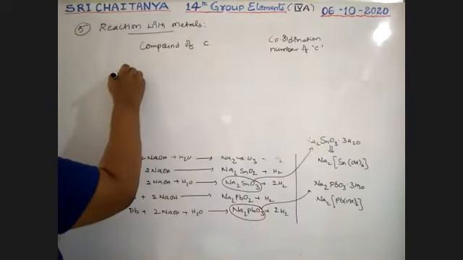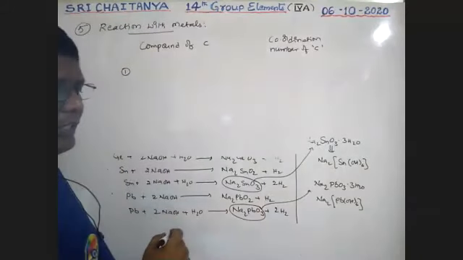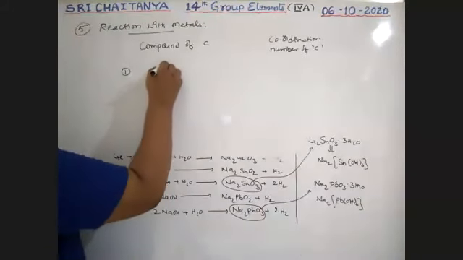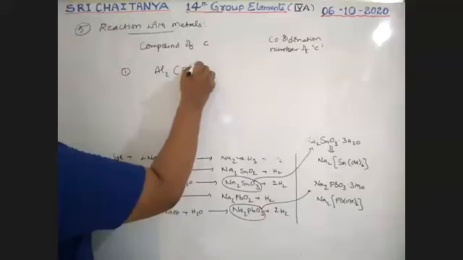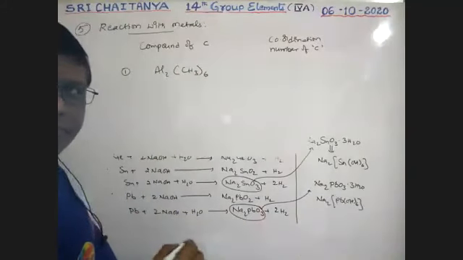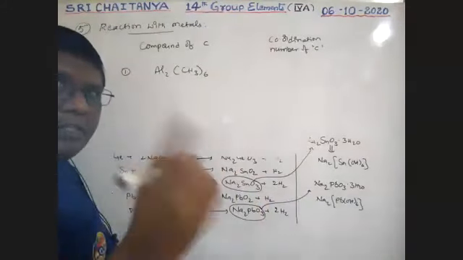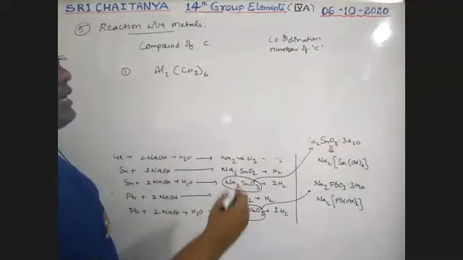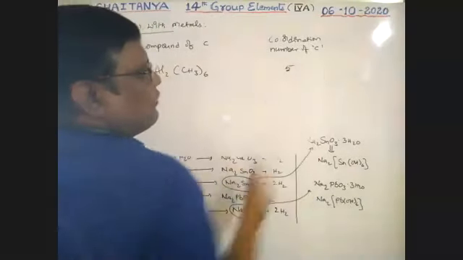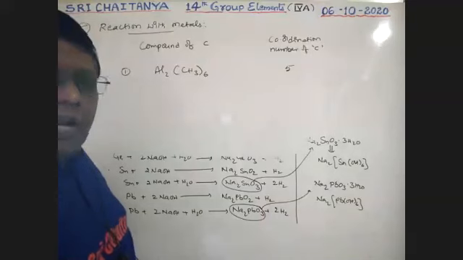See boys, the first one, we already drew the structure yesterday, that is Al2(CH3)6. There carbon can form 5 bonds, so the coordination number of carbon is 5.